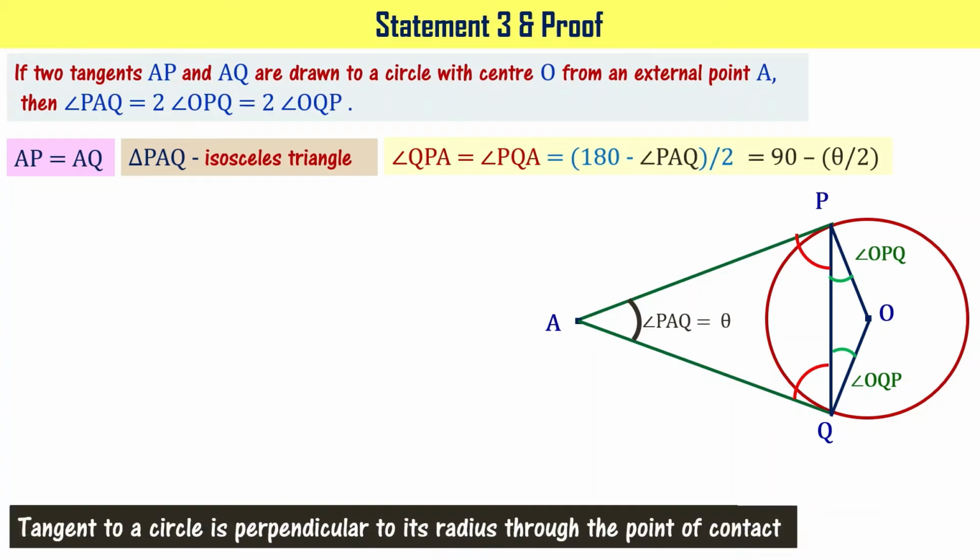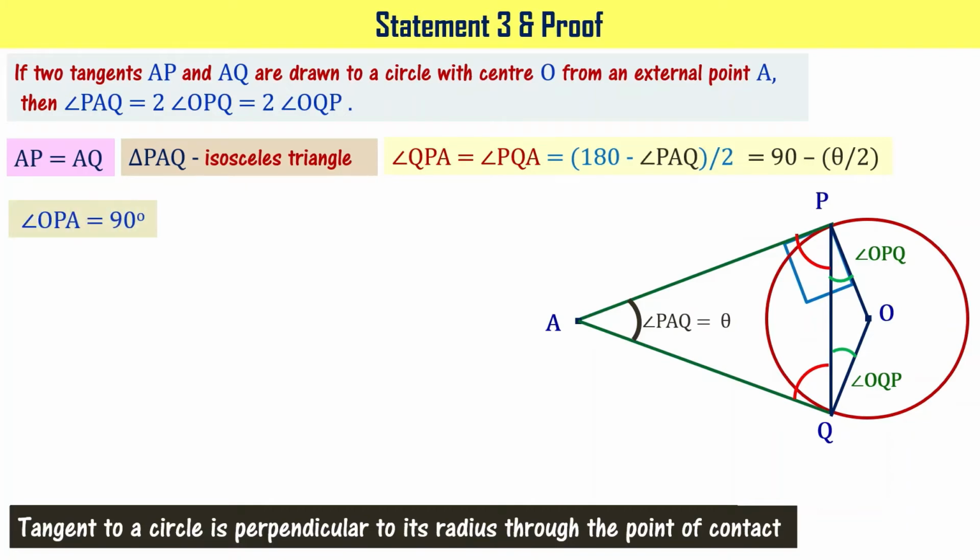Please take a note of this point. And we know that a tangent to a circle is perpendicular to its radius through the point of contact, right? It means if I consider points A, P and O, I can say that angle P is 90 degrees, right? Because AP is the tangent and OP is the radius drawn from the same point of contact, right?